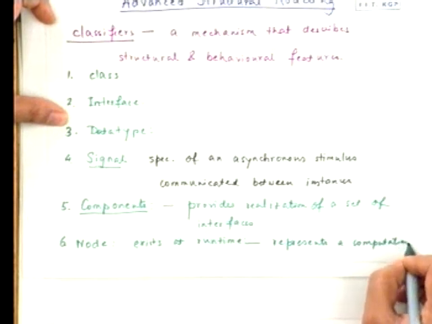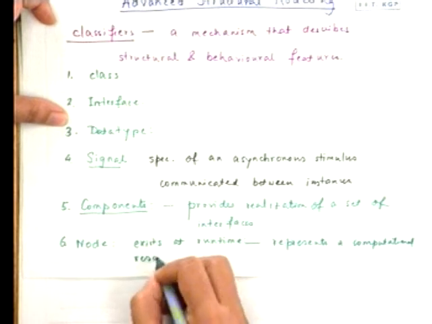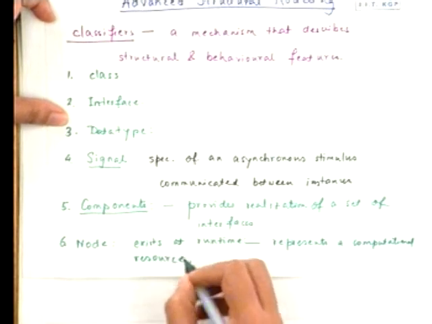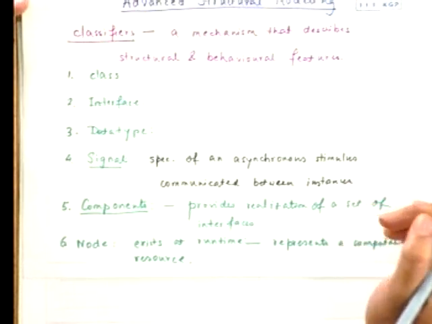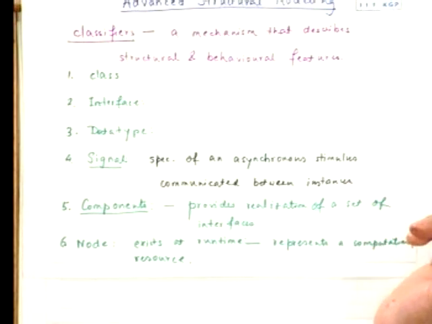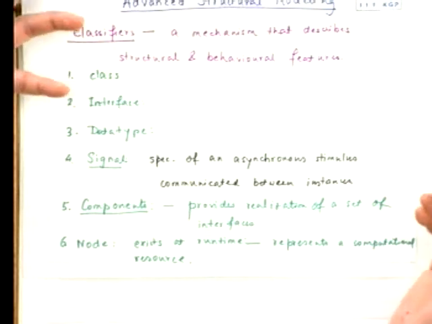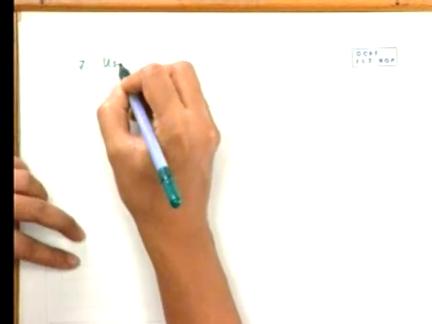And this resource normally has memory associated with it, and it may also have some processing capability. And the seventh type of classifier that we will consider is use cases.